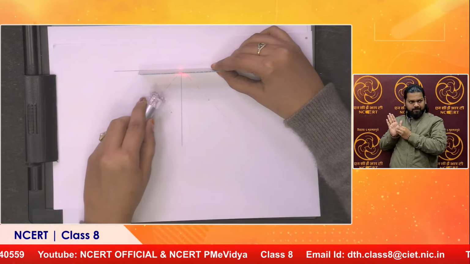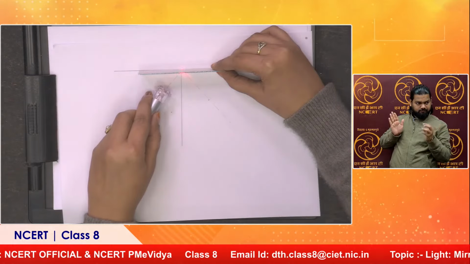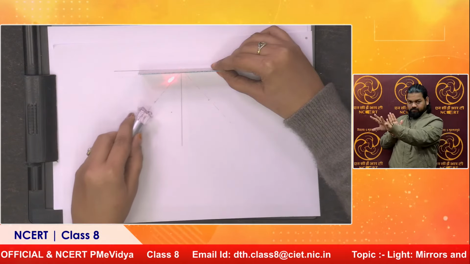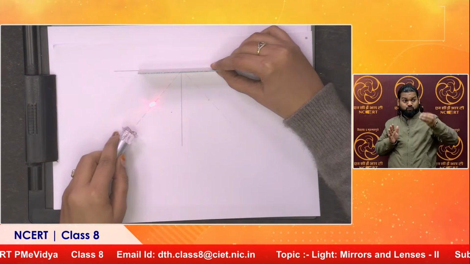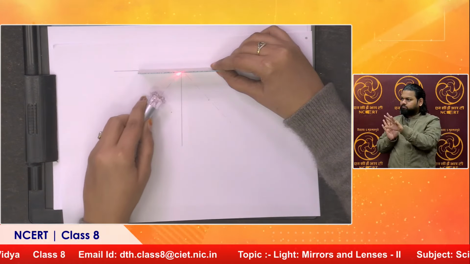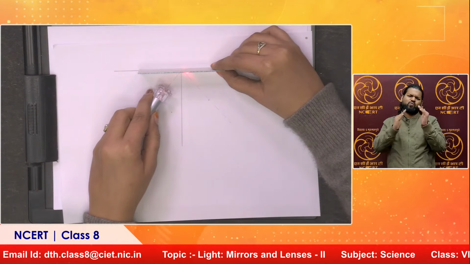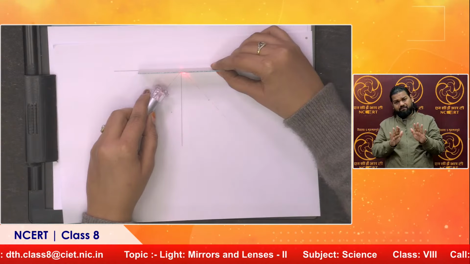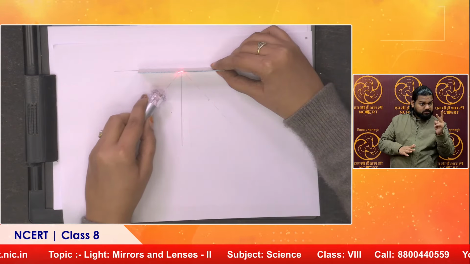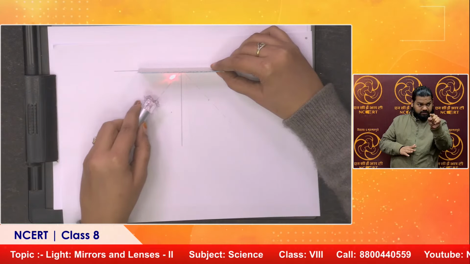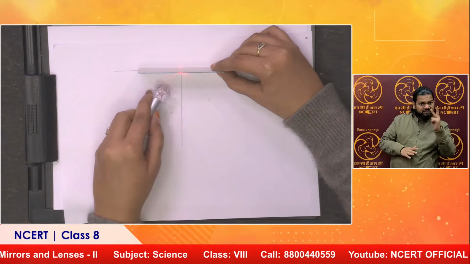Is it visible? No, the light is not coming out that prominently. Students may revise this at home. If this white point is visible to you on the screen, see the light is hitting, though it is a laser light, it appears white on the screen.